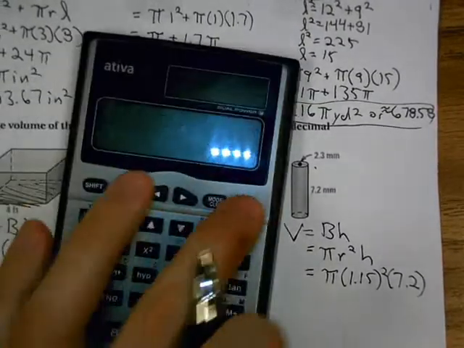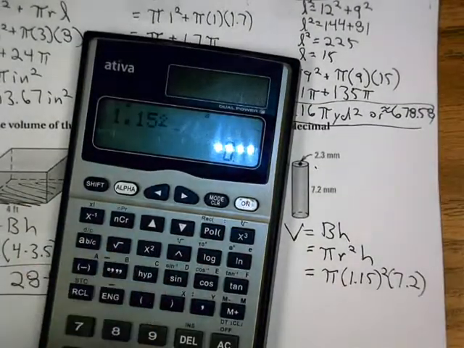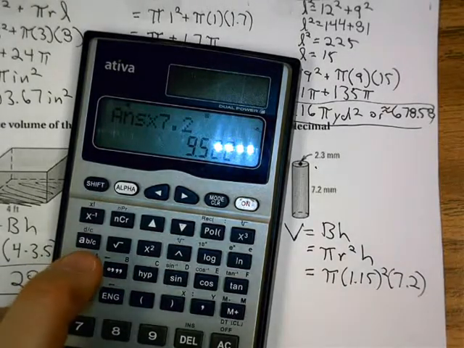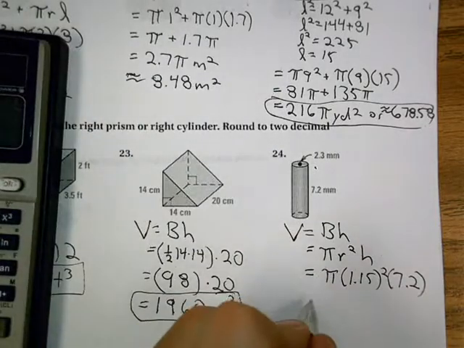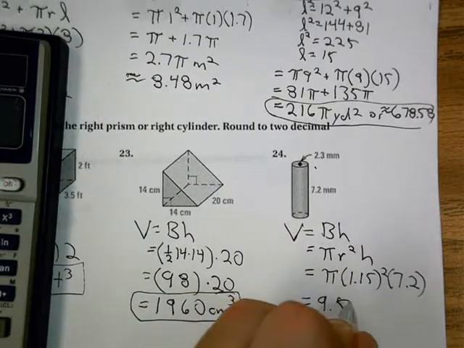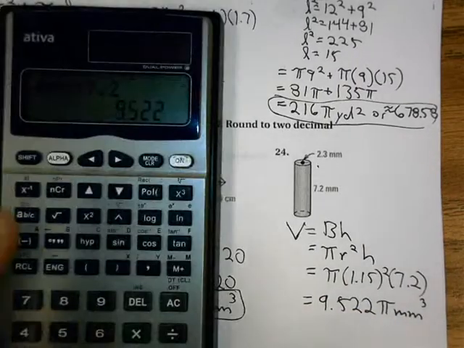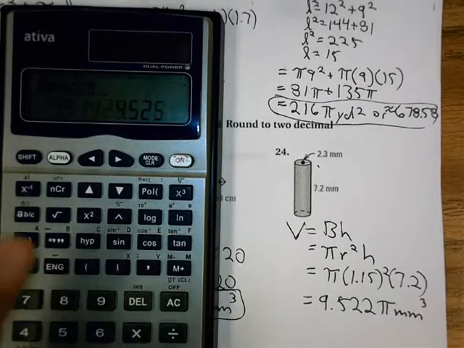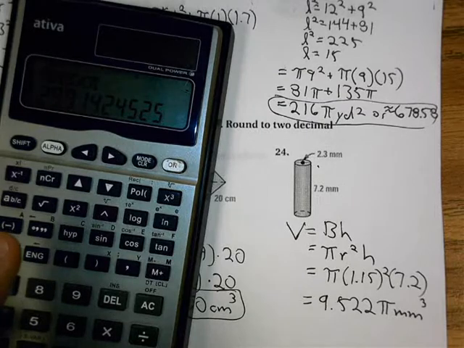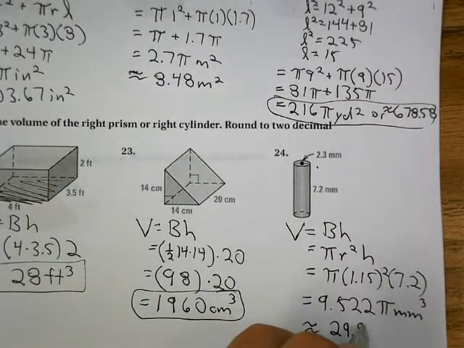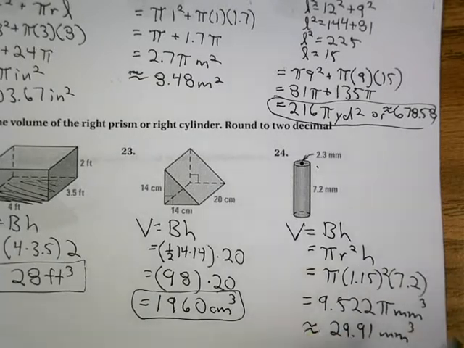So we're just going to do 1.15 squared times 7.2 and get 9.522 pi millimeters cubed. And then we might as well multiply that by pi, and we can say it's approximately 29.91 for our answer.